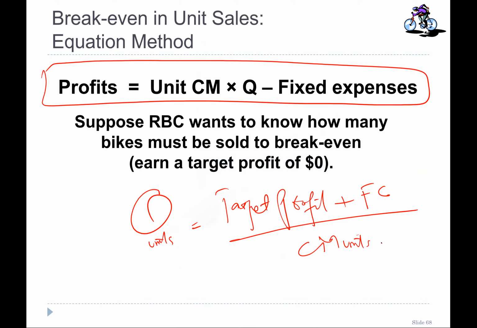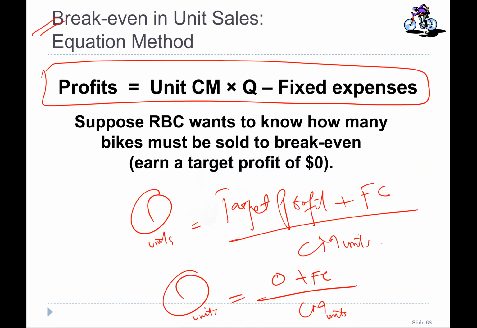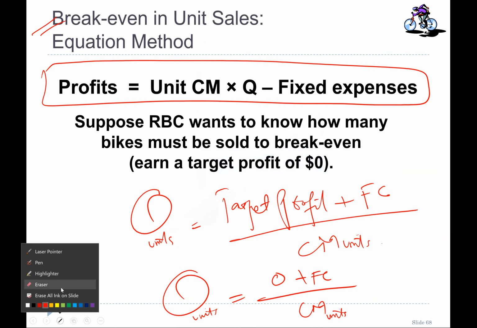Since the special case of the break even is that we need to put target profit 0, it's 0 plus fixed cost divided by CM in units. That is the units that we need to sell. Simple. You don't have to remember a new formula or new derivation. Just use the previous formula and put target profit 0. That's it.